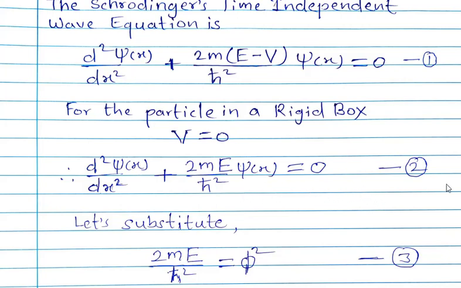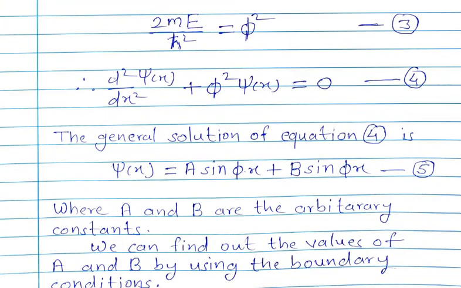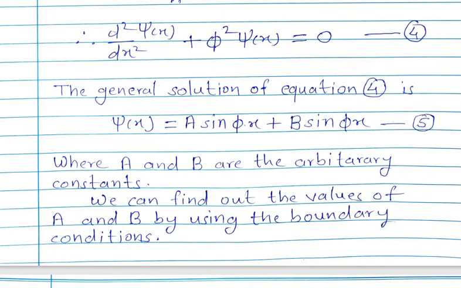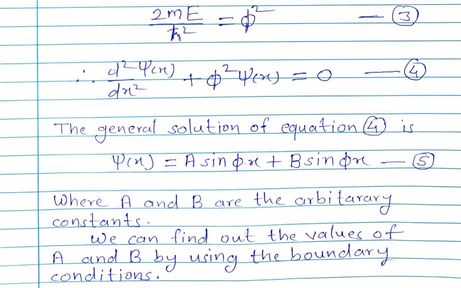Now in this equation 2, if we substitute the term 2mE by h cross square as some quantity squared, suppose phi square, then this equation reduces to the form d2 by dx square of psi plus phi square psi of x equal to 0.